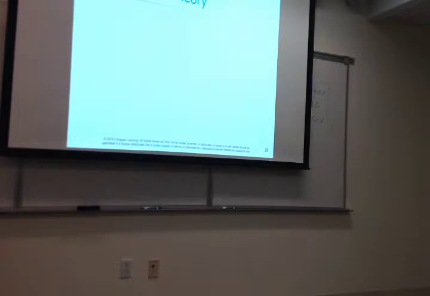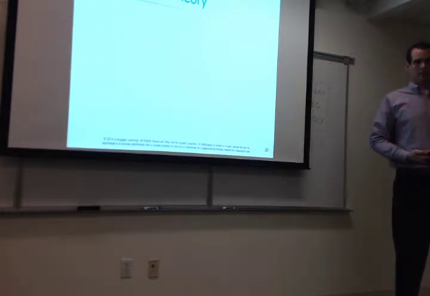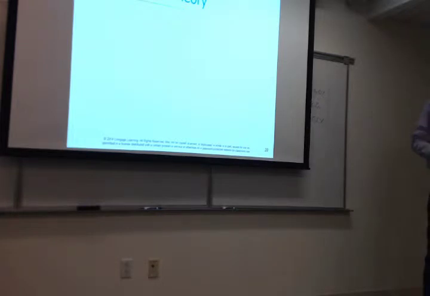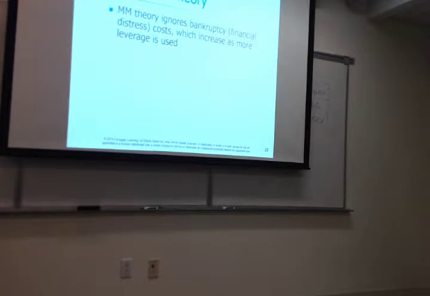So we've all gone over the MM theory of zero taxes and MM theory with corporate taxes, which says more debt equals more value. But we know that increases risk. We need to think of the trade-off. The previous theory, MM, ignores bankruptcy costs.